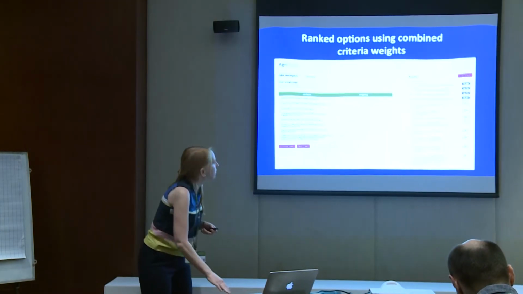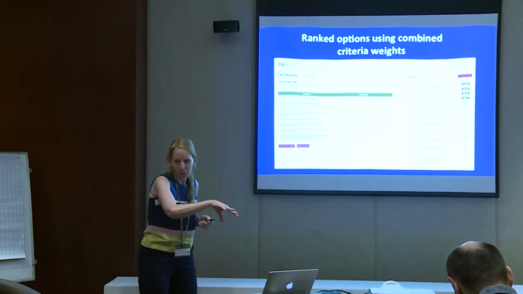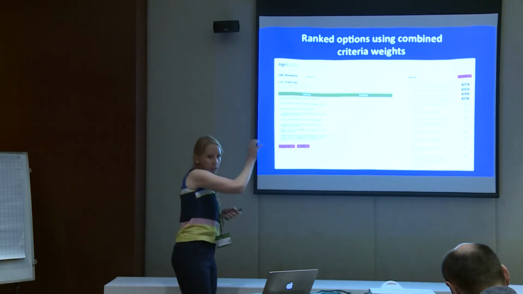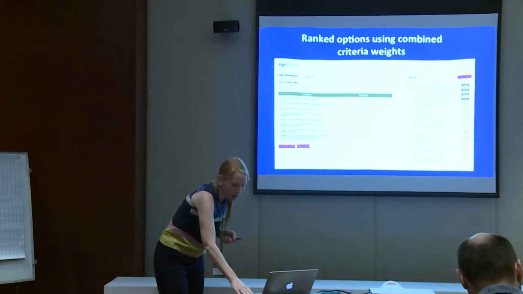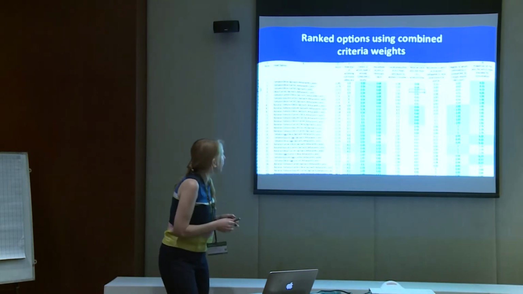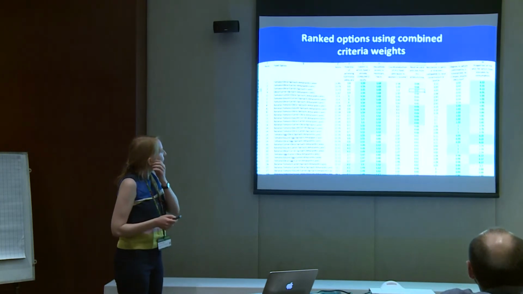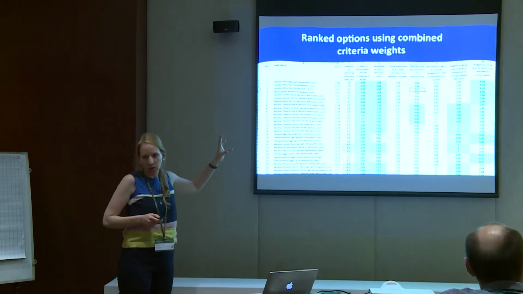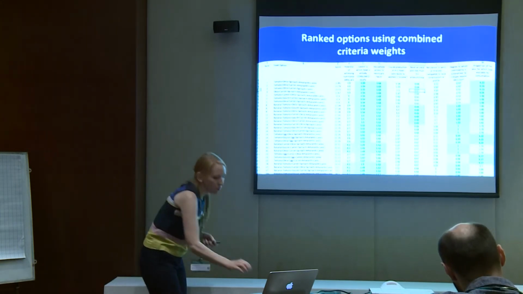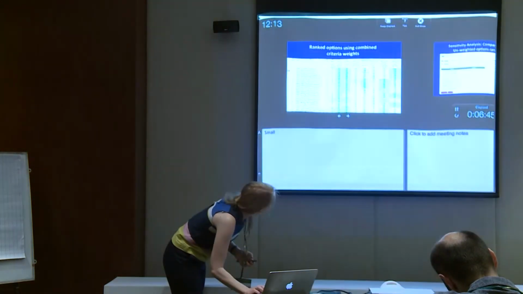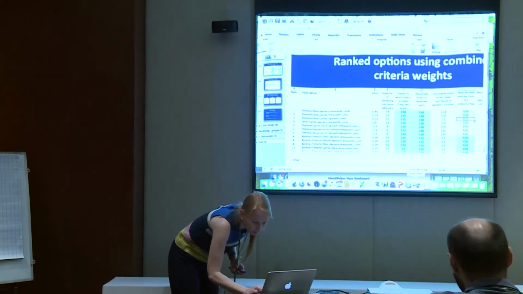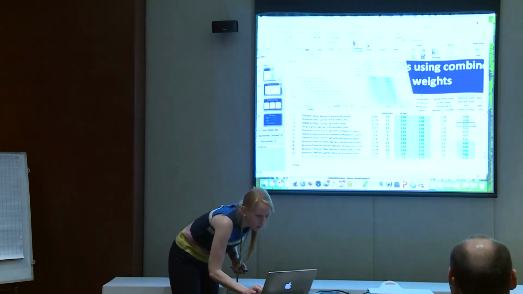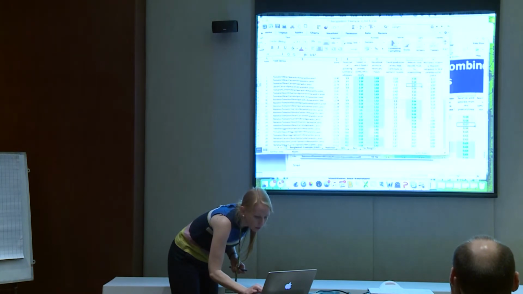And then we've got the option, sorry about this screen, you'll see the real version after lunch, to zoom into each of those options and see what the individual scores are for each of the criteria. And then I think what is more useful is to export the analysis and actually look across the whole matrix of the criteria. So here is the actual results.